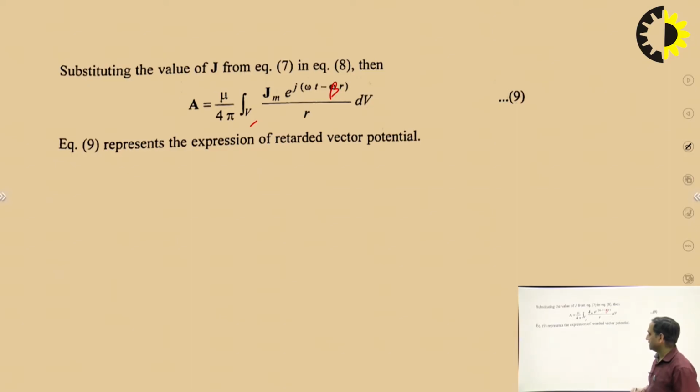This is the expression for the retarded vector potential, because the concept of r upon c comes into the picture.